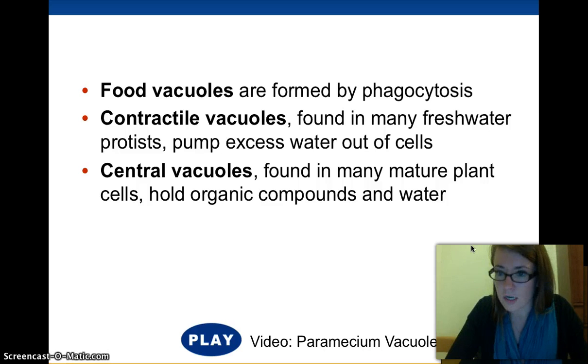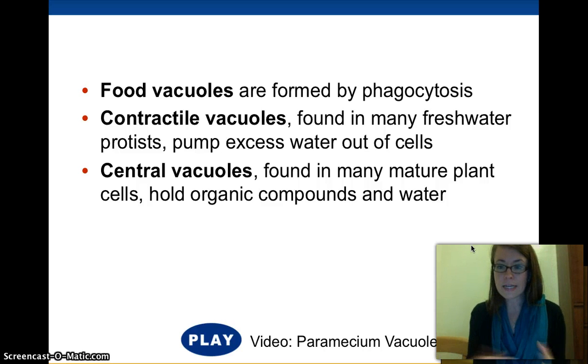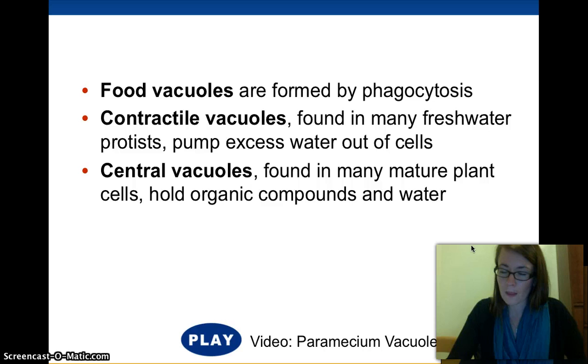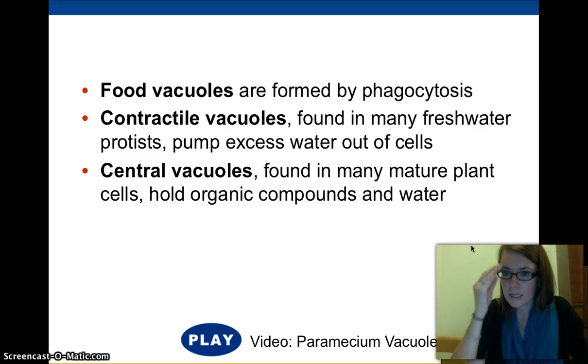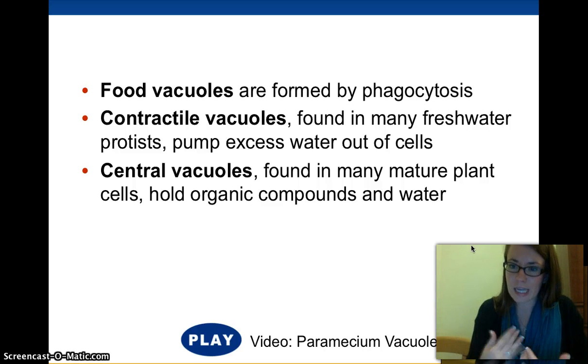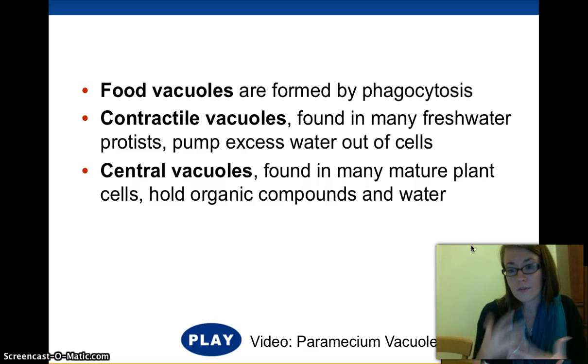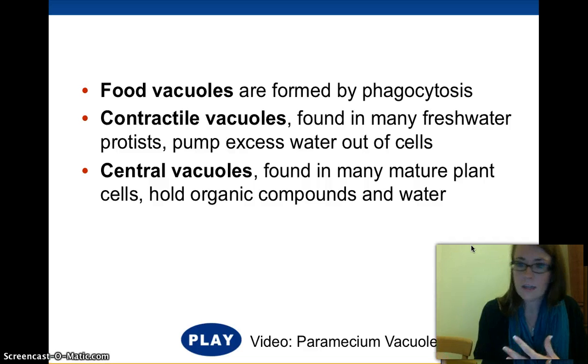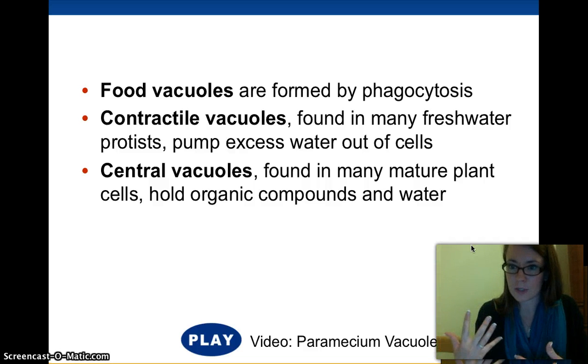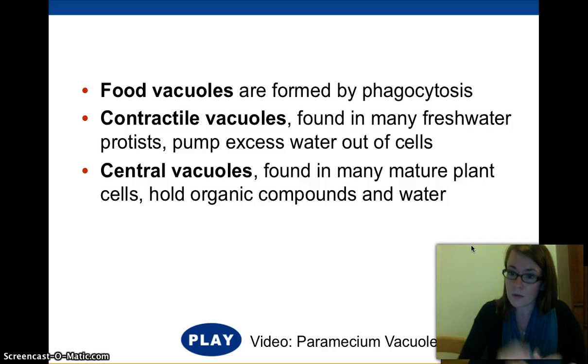These are just freshwater, single-celled organisms, and they use it to maintain the water balance. They live in freshwater, so they have to maintain the correct solute concentration between themselves and the water, because they can't be flooded with too much water.